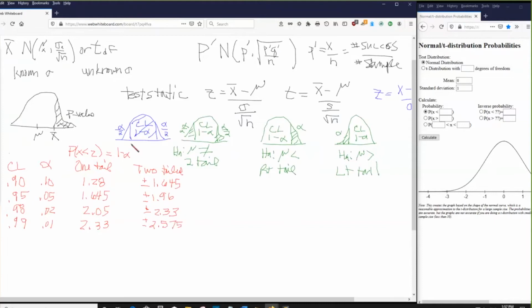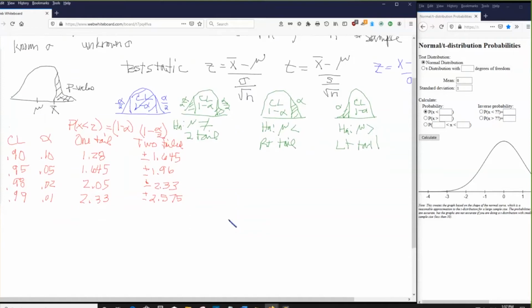And we're going to use the formula 1 minus alpha over 2 when we're solving for z, because we're splitting that alpha onto two sides. If it's one-tailed, we're just going to use the whole alpha. And then if it's two-tailed, you're going to split it. Okay?